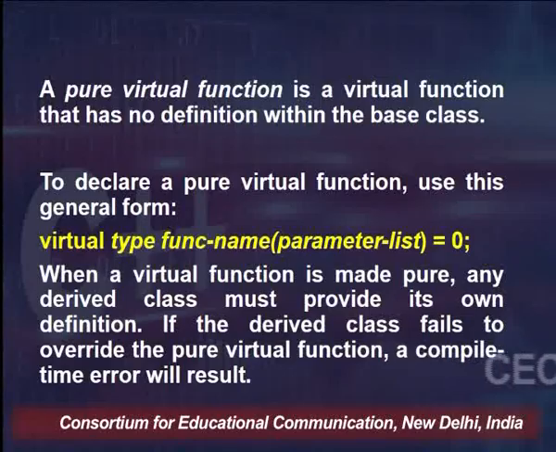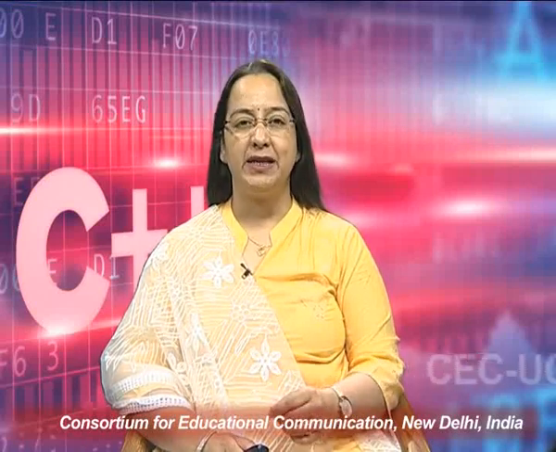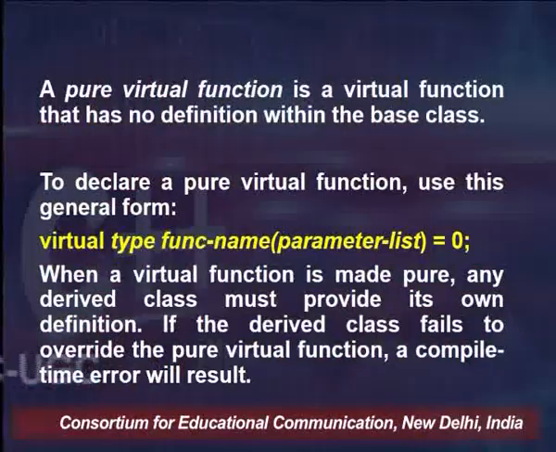This is the general form of a pure virtual function which is kept inside the base class: virtual return type function name, within the parentheses the parameter list, equals 0. So this could be virtual void print, with the parameter list if it is required, or blank, equals 0.